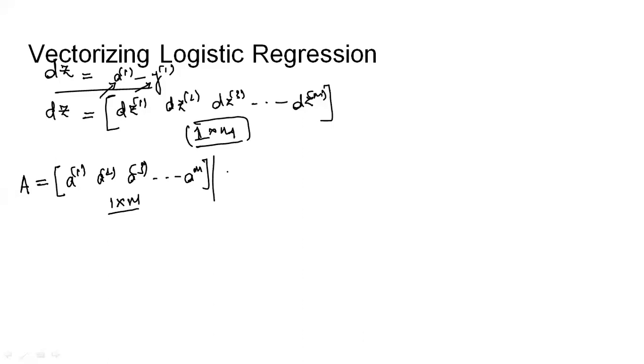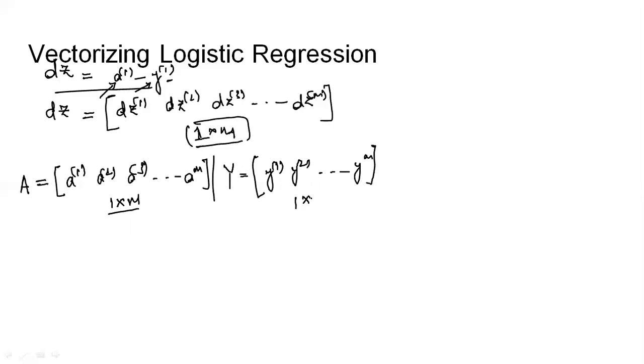Apart from this, we need a vector capital Y, because we need to represent this y also. Capital Y equal to, and this would also be represented in the form of a row vector as y1, y2, y3, and that goes up to ym.